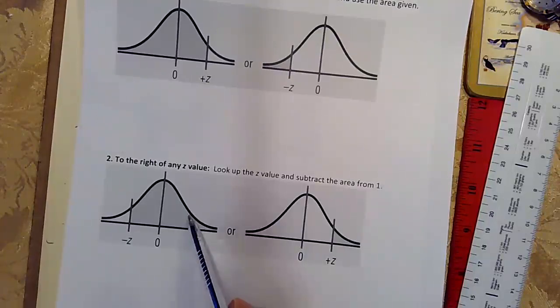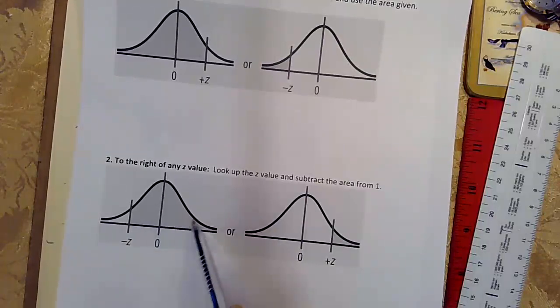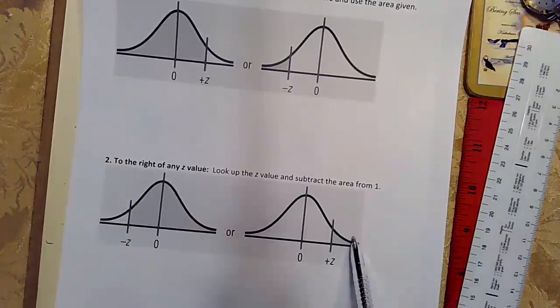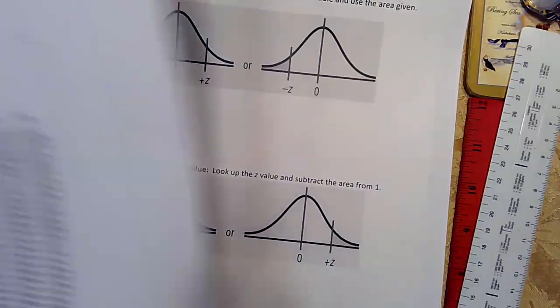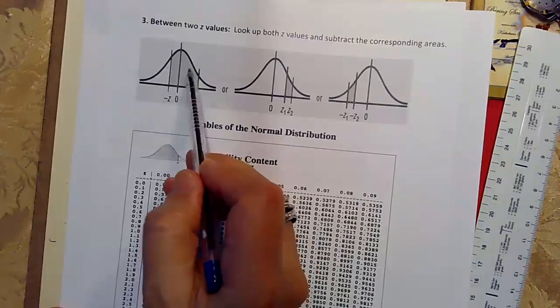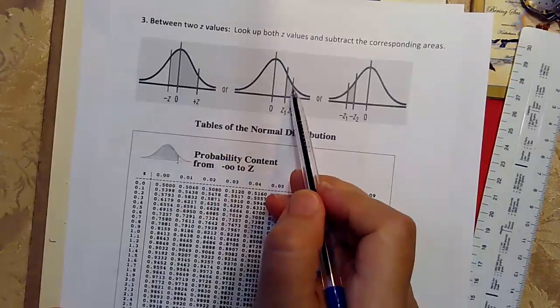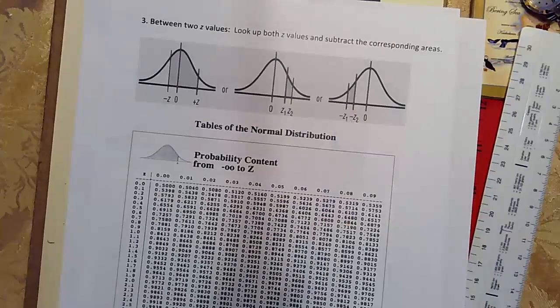Then we have the second type, where we're trying to find the area underneath the curve, but it's shaded to the right of the z value. And the third scenario is where you're trying to find the area underneath the curve and it's sandwiched in between. Those are the three types of areas.